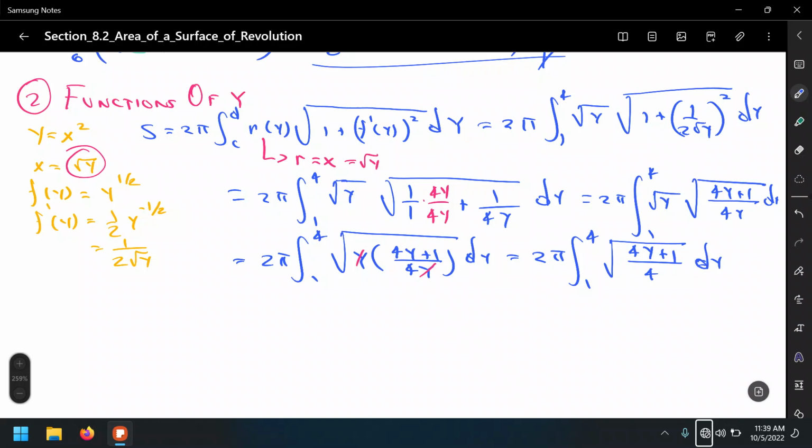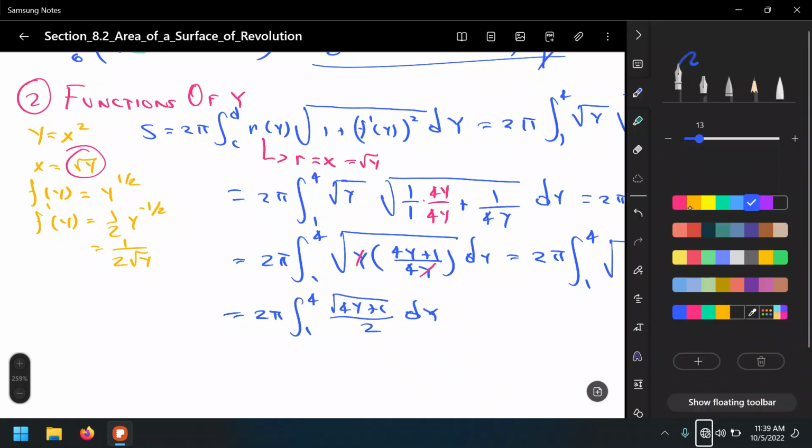The radical of a quotient is the same as the quotient of the two radicals, which in this case is 2 pi integral from 1 to 4 of the square root of 4y plus 1 over the square root of 4, which is 2. And notice how these two factors cancel out.